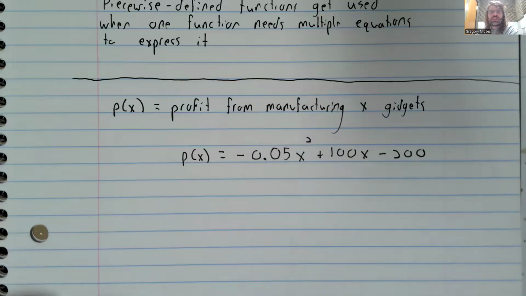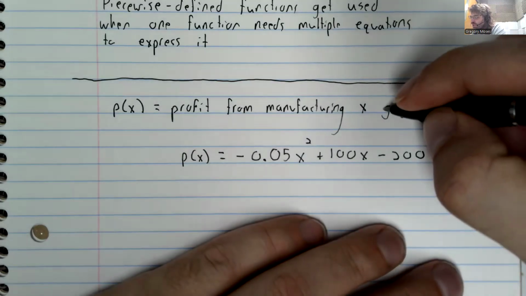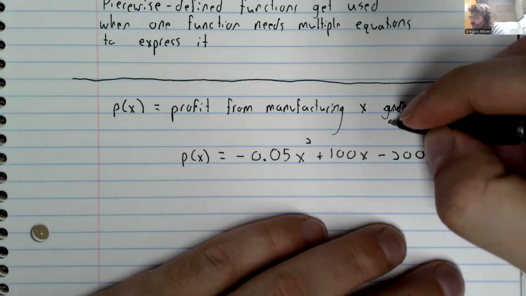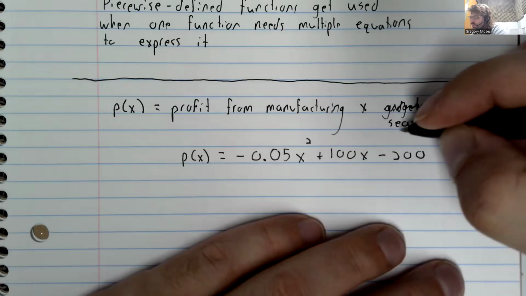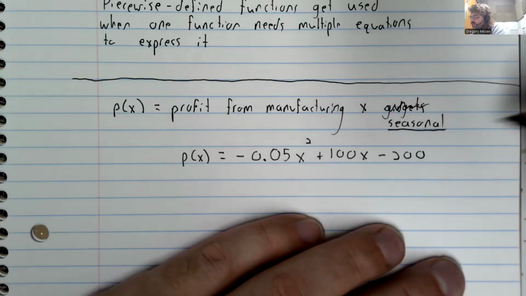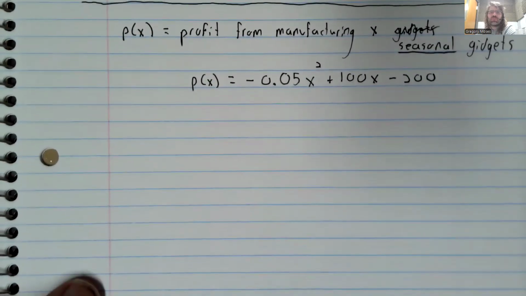Now, let's take this example and modify it a little. Let's suppose this object that we are manufacturing is seasonal. We are manufacturing swimwear, for example.